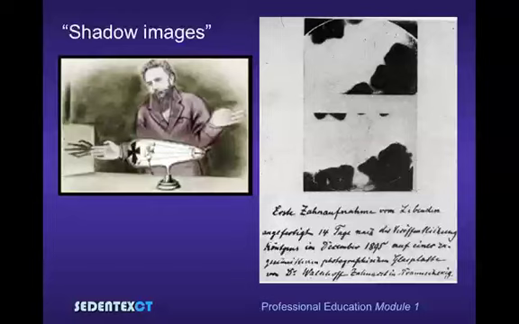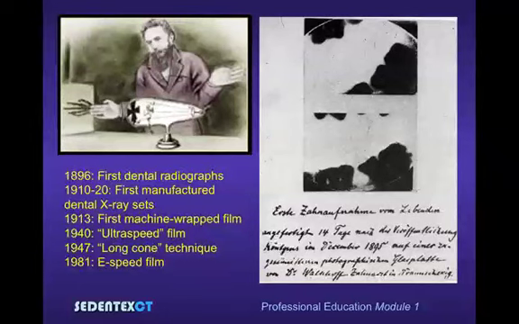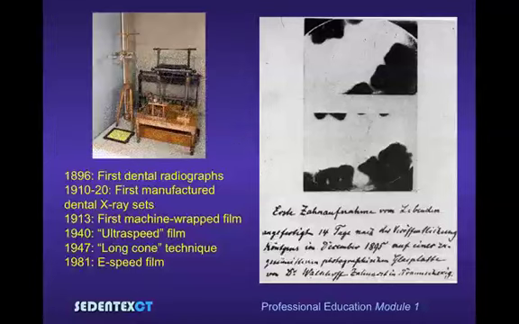The story of X-ray use in dentistry is a very slow evolution. The first dental radiographs were taken in 1896, as I said, but it wasn't until the 1910s and 1920s before the first manufactured dental X-ray sets began to appear. And indeed, it wasn't until the 1930s before X-ray sets became widely available to dentists.